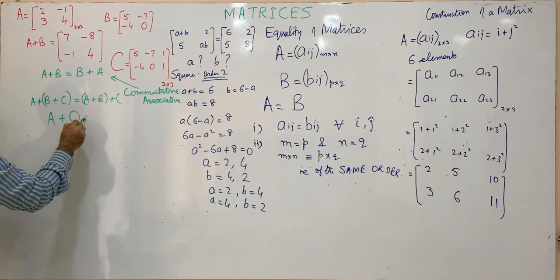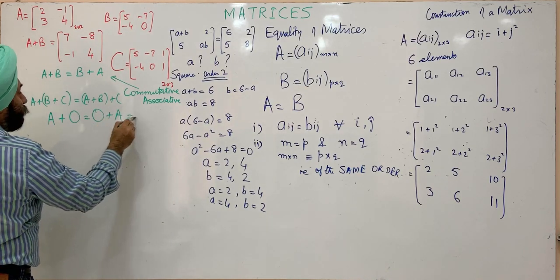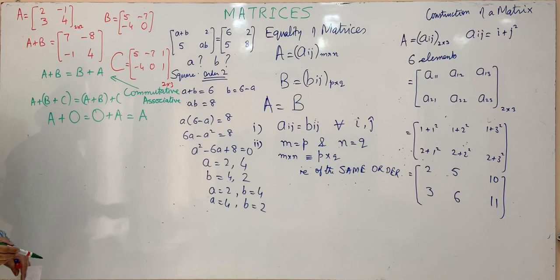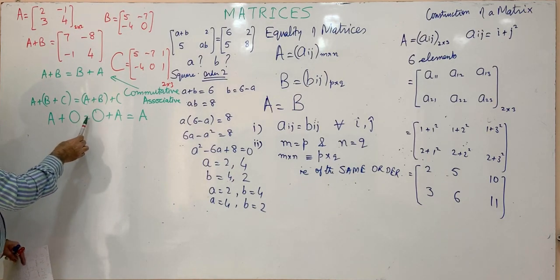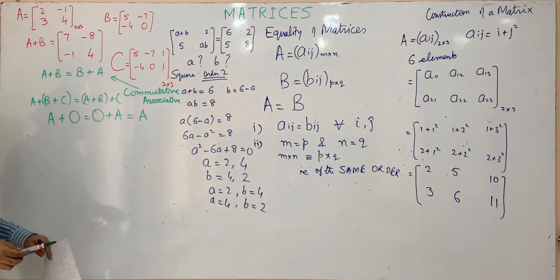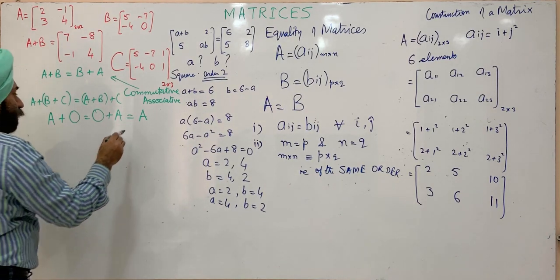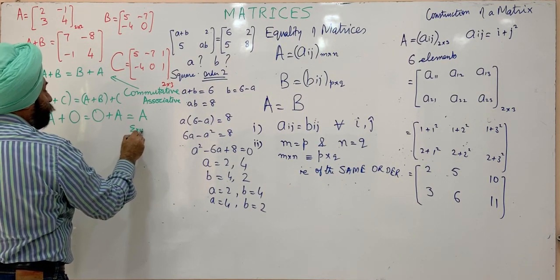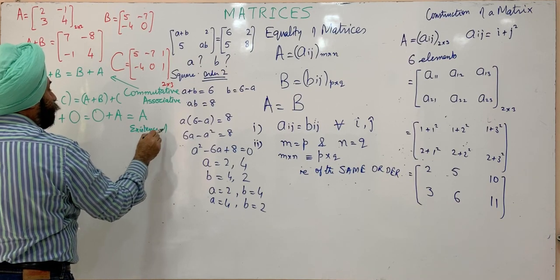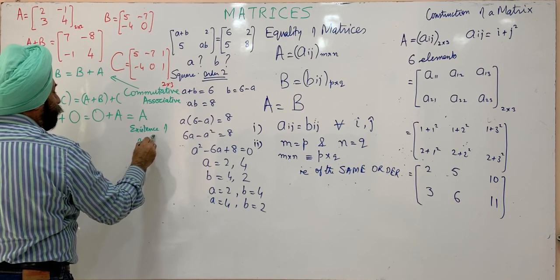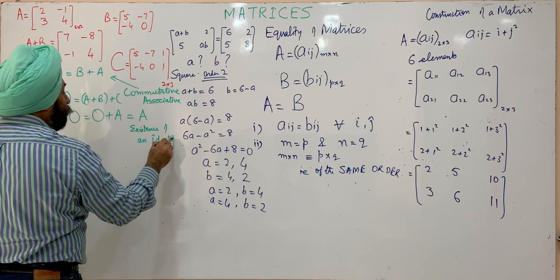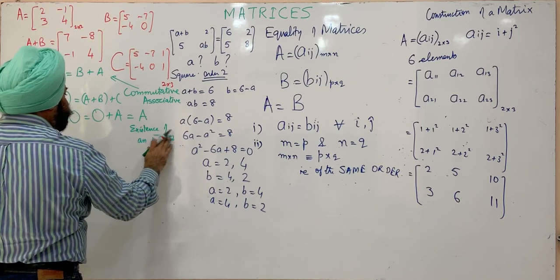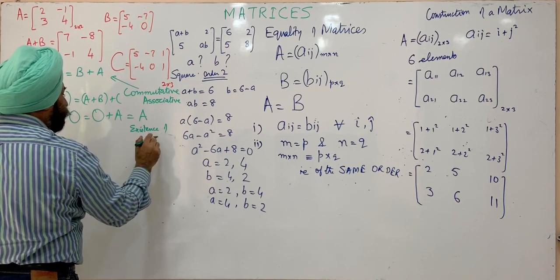If we add a null matrix to a matrix A, the result is the same matrix A. So A plus O is equal to O plus A is equal to A. This property is the existence of an additive identity.